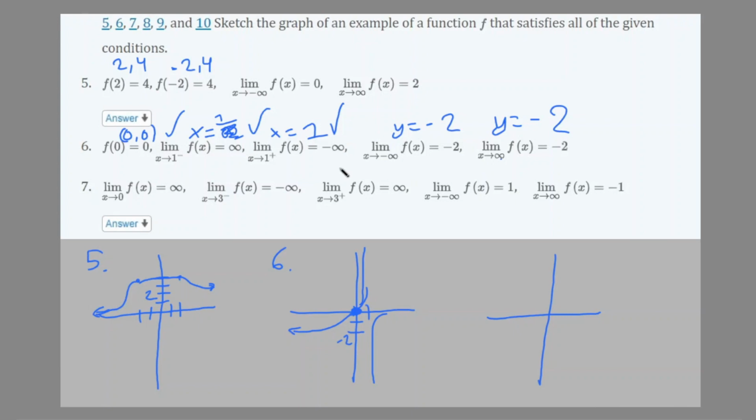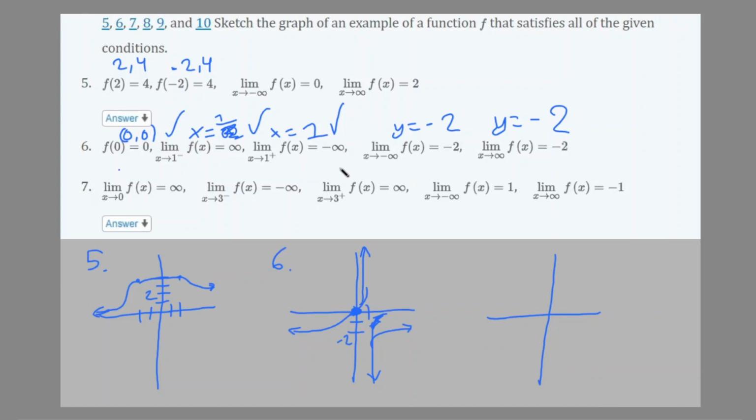And then as x goes to infinity, we have another horizontal asymptote at -2. Rather, actually, we could cross out that little bit. So the graph should look something like that. This little bit, forget about this bit. So this is pretty much how the graph should look, and what would be an acceptable answer.